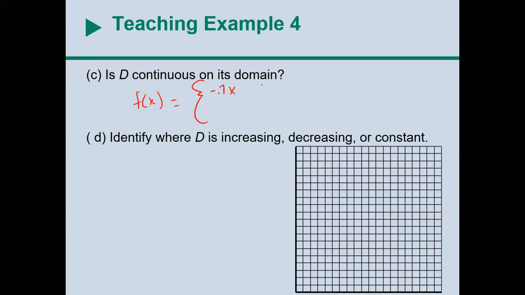And that's from what year to what year? 1960 to 1980. Okay, and then my next slope is negative, and that's from 1980 to 2000. And then my last one is 2.